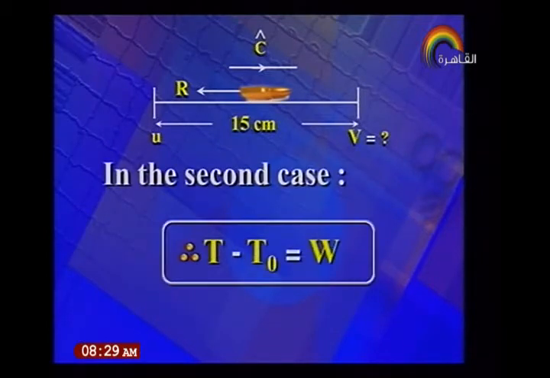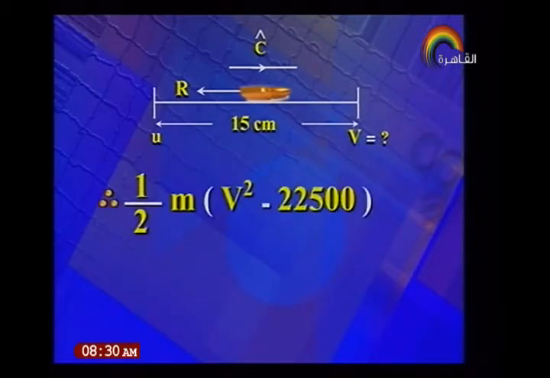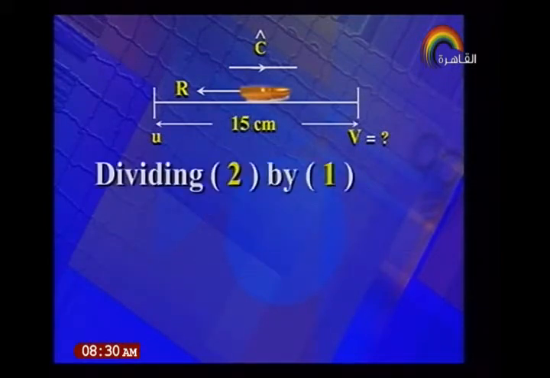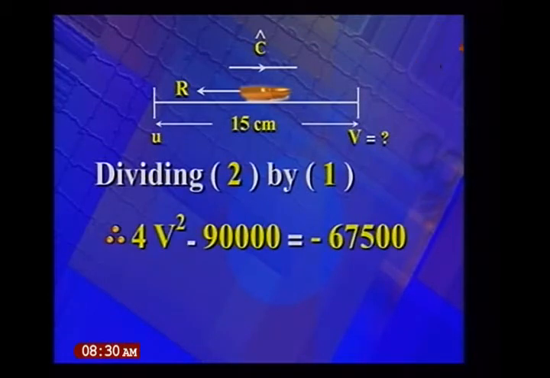In the second case, change of kinetic energy equals work done, by using the left hand side. After substitution, ½m(V² − 22,500) equals negative R times 0.15. This is equation number 2. By dividing equation 2 by equation 1, we get 4V² − 90,000 equals negative 67,500.